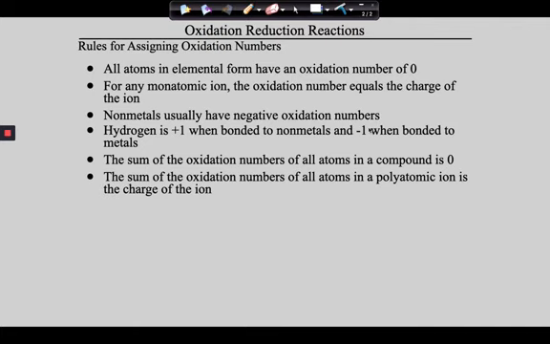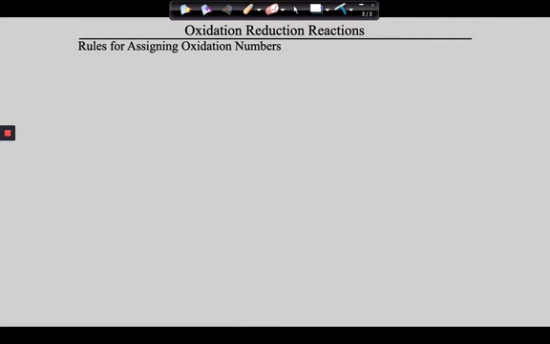What I meant to say, guys, let's talk about these one at a time. Here we go. All right. So guys, rule number 1 when you're assigning oxidation numbers. All of the elements are understood to have oxidation numbers of 0. So elements don't have charges. And again, guys, I don't expect you to understand what this means.